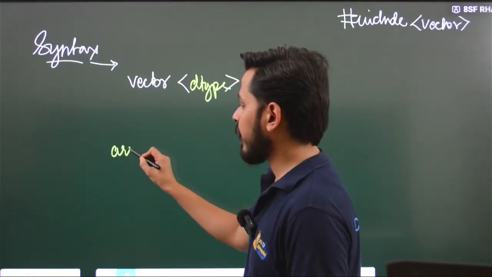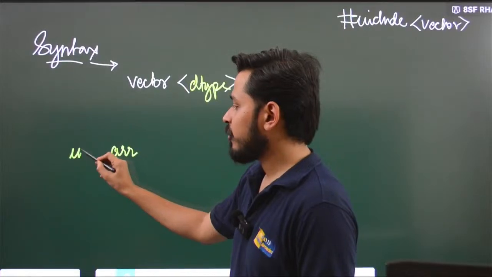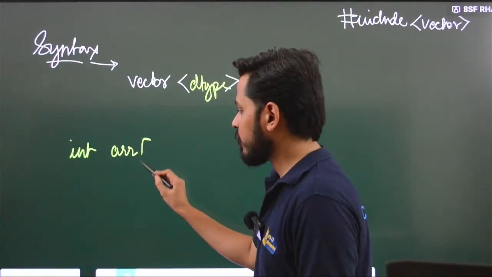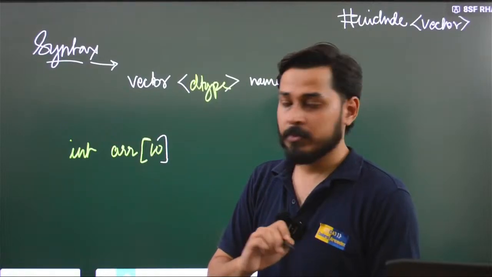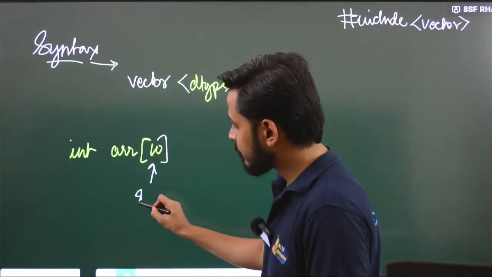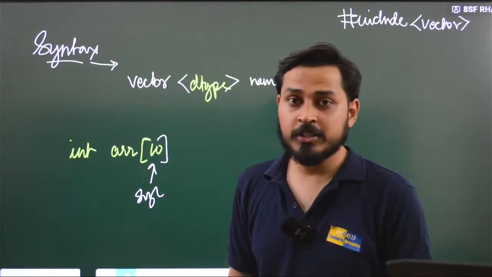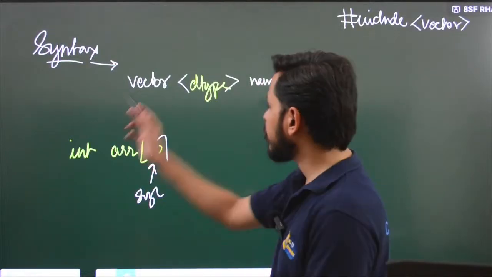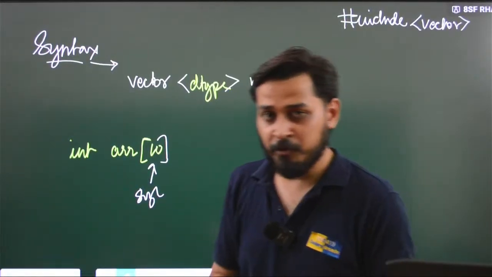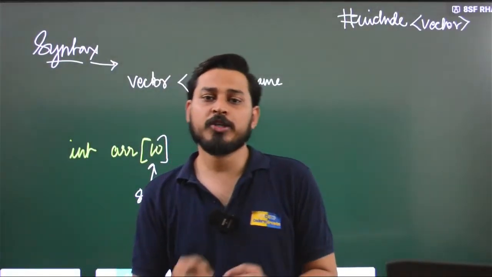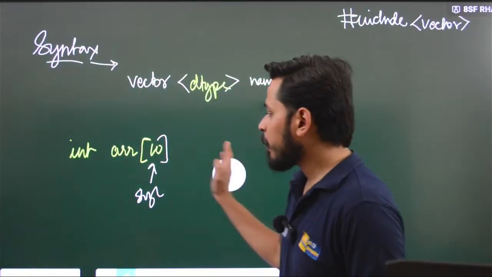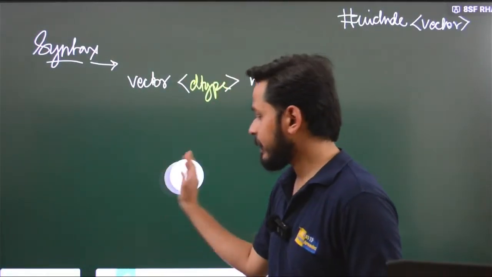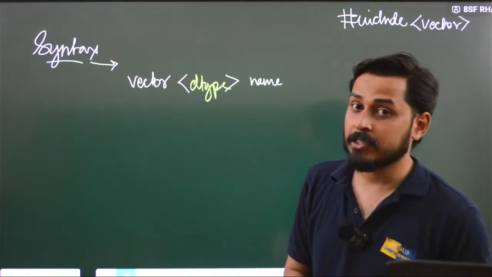You write the data type, the name of the array, and then you give square brackets where you give the size. Here you have to mention the size. This is the problem with an array, but here you don't have to mention the size. If you want, you can give the size, but you don't have to mention the size manually. That is the property of a vector, basically a dynamic array.